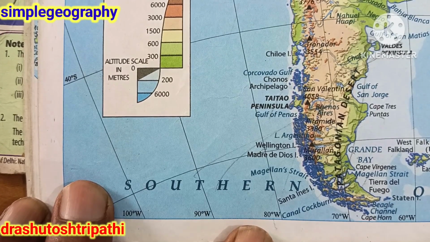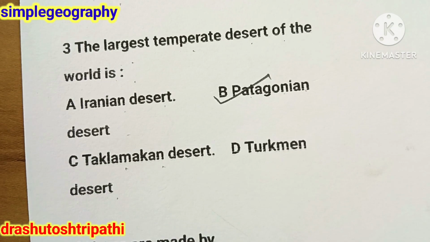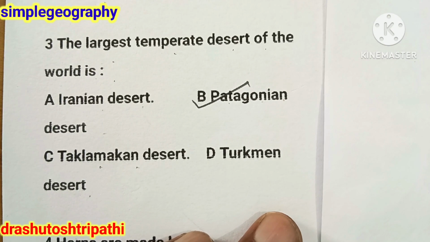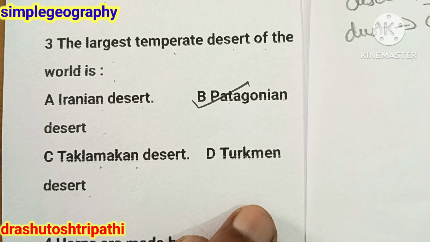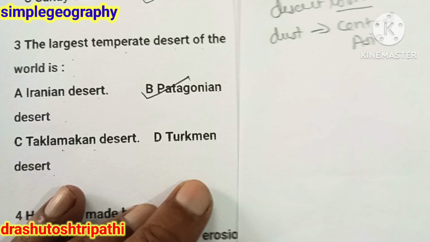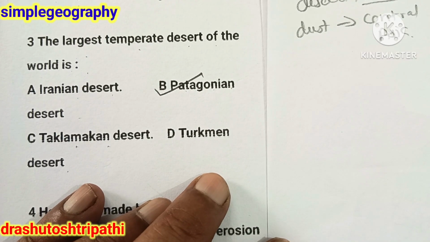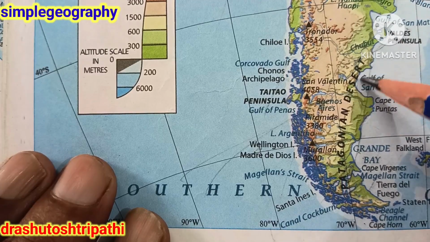Deserts are of two types. This is the Patagonia desert.